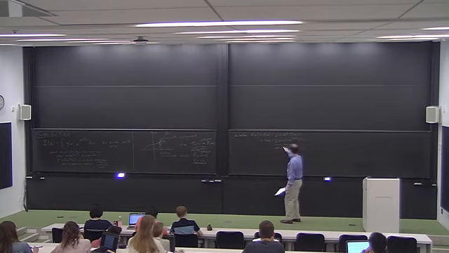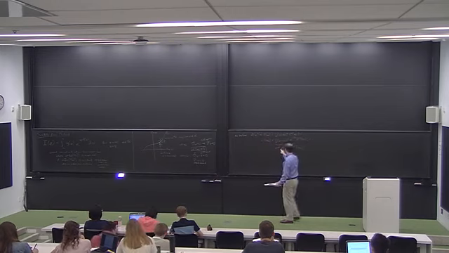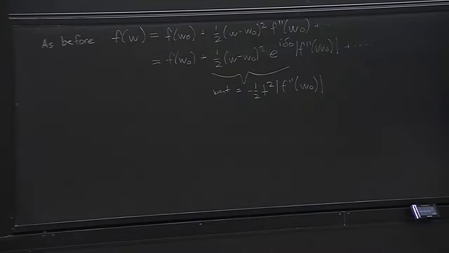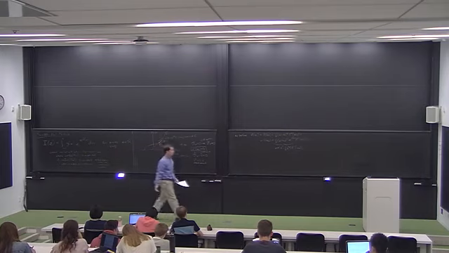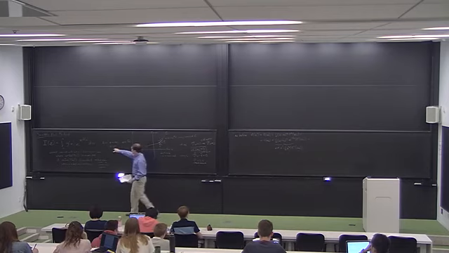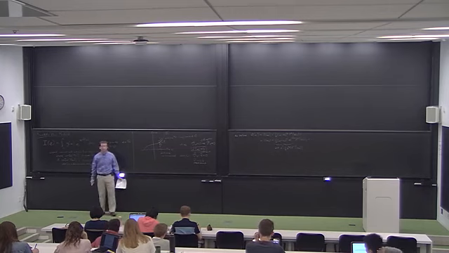This other term is a constant, so we can pull it out of the integral. This is all in the exponent, so if we plug that in, we'll just have a Gaussian integral, which is exactly what we did before. And it's exactly what we'd expect: any function that's highly peaked should look locally like a Gaussian.